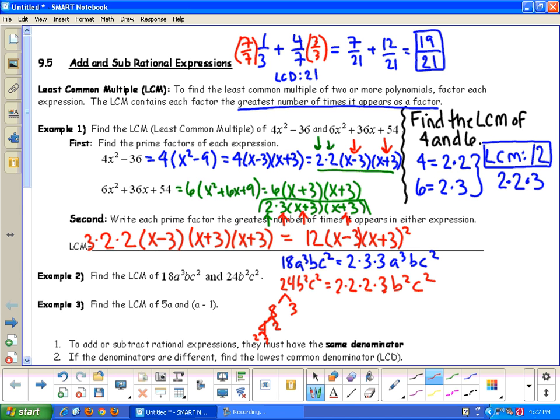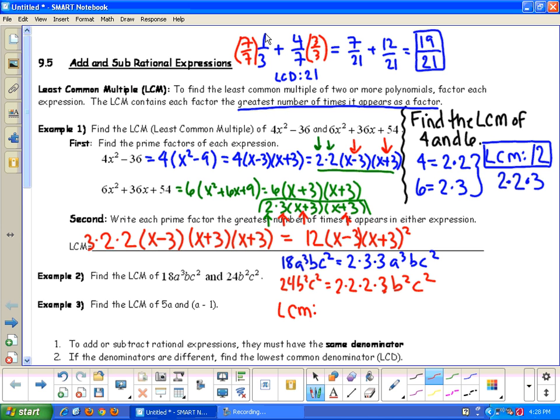So like if I would have done the same thing for 18, 18 breaks down into 2 times 9, and this breaks down into 3 times 3, so that's where I get 2 times 3 times 3. Now I'm looking for my least common multiple, so I'm looking for the greatest number of times any number appears in either.